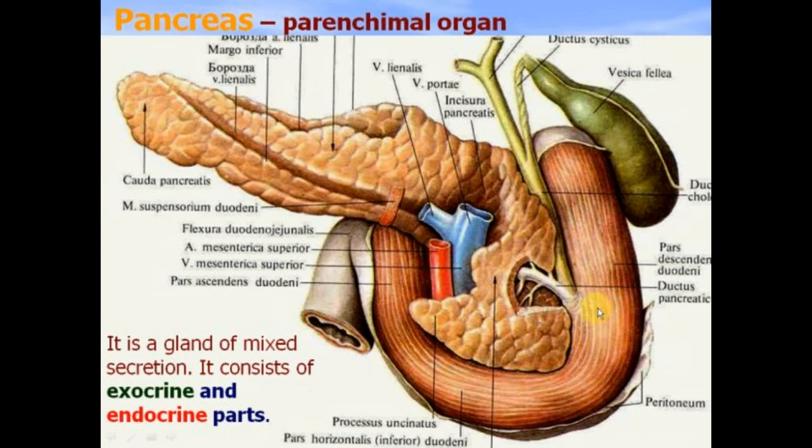So it's a parenchymal organ which consists of stroma and parenchyma. Stroma is represented by a very thin capsule and connective tissue septa which divide the organ into lobules. They are visible here. It's a gland of mixed secretion. It consists of exocrine and endocrine parts.